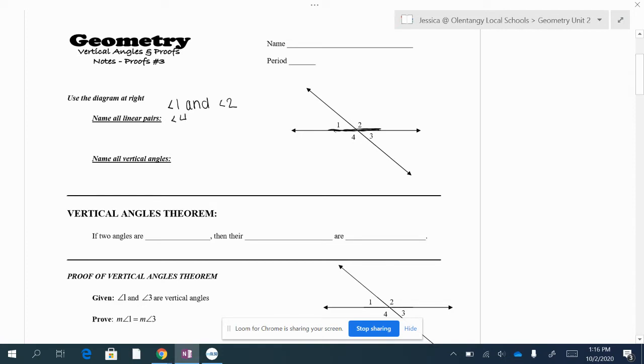Then angle 4 and angle 3. If I look as well here, there's a line right there. So then making up those two angles, angle 1 and angle 4, and then angle 2 and angle 3.